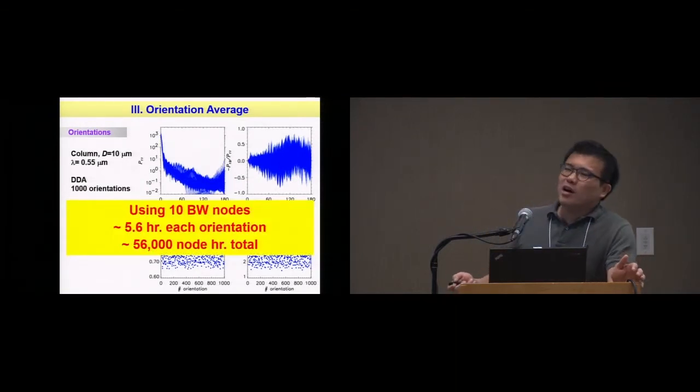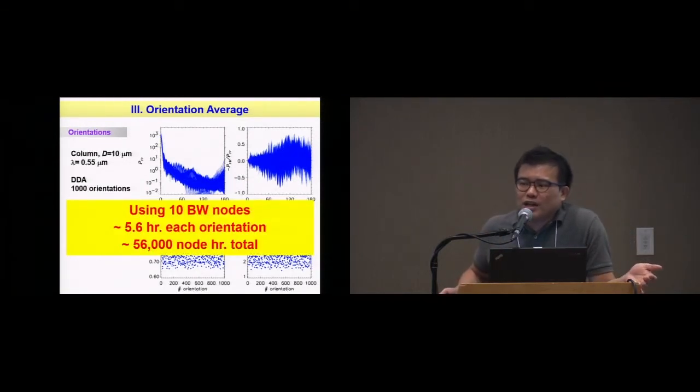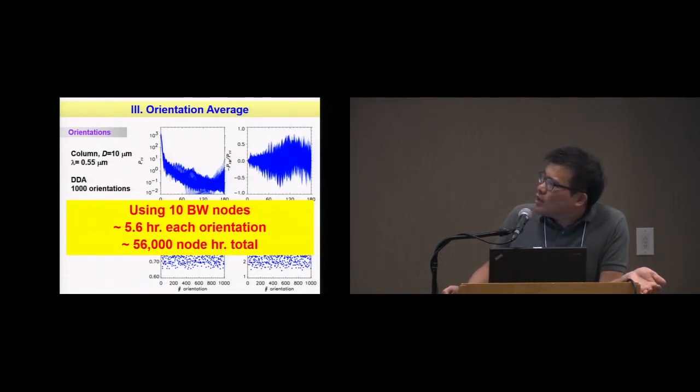Maybe more orientations would be better, but always the calculation resources are limited. So for this calculation, we just use 10 Blue Waters nodes. So each orientation needs 0.5 hours, and then a total of 56K node hours is required.